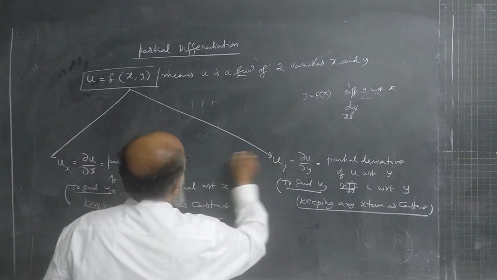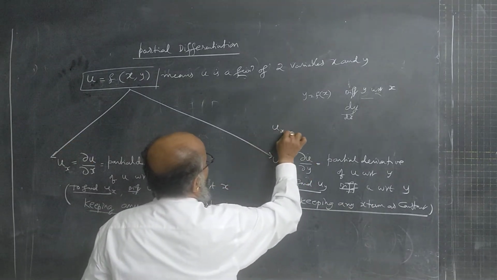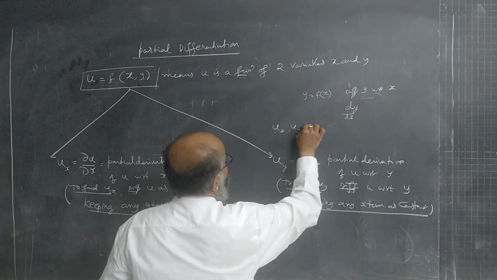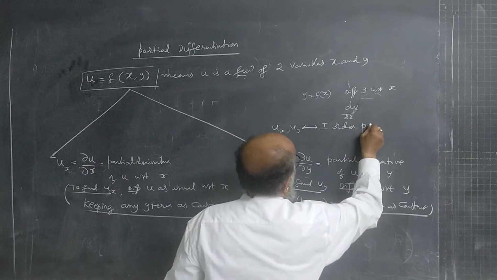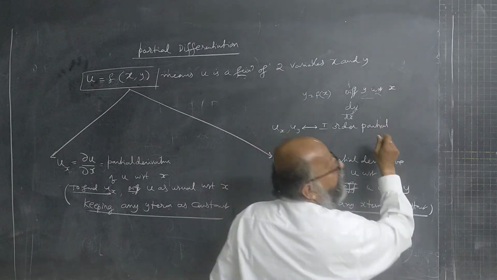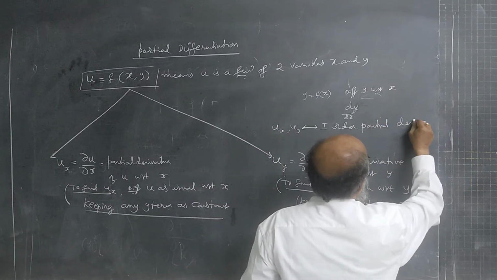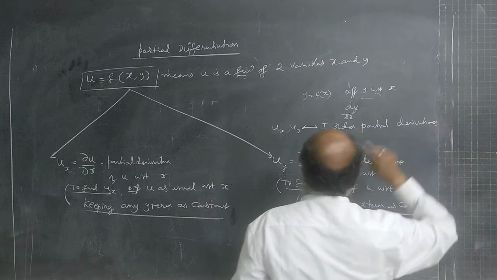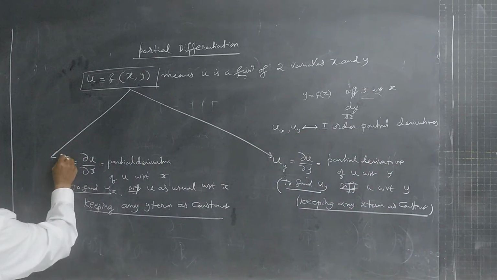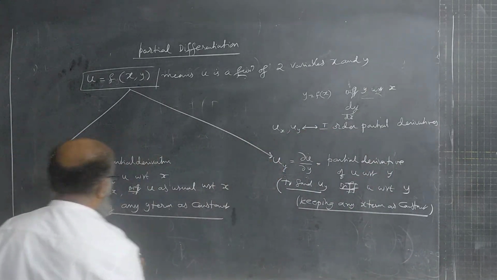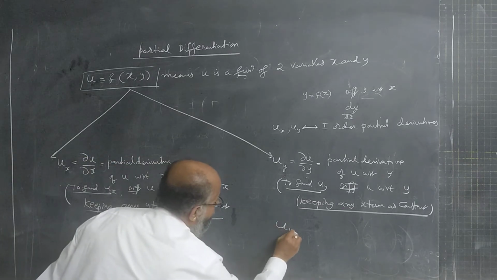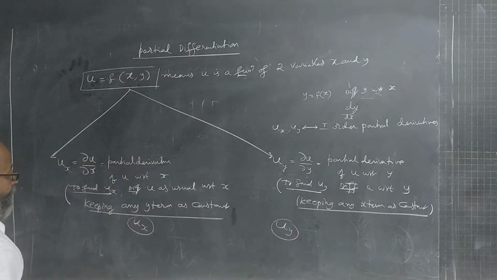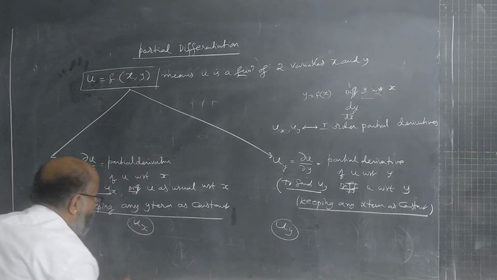Here ux and uy are called first order partial derivatives. Now, when you have ux and uy, you can use them to find many more quantities.